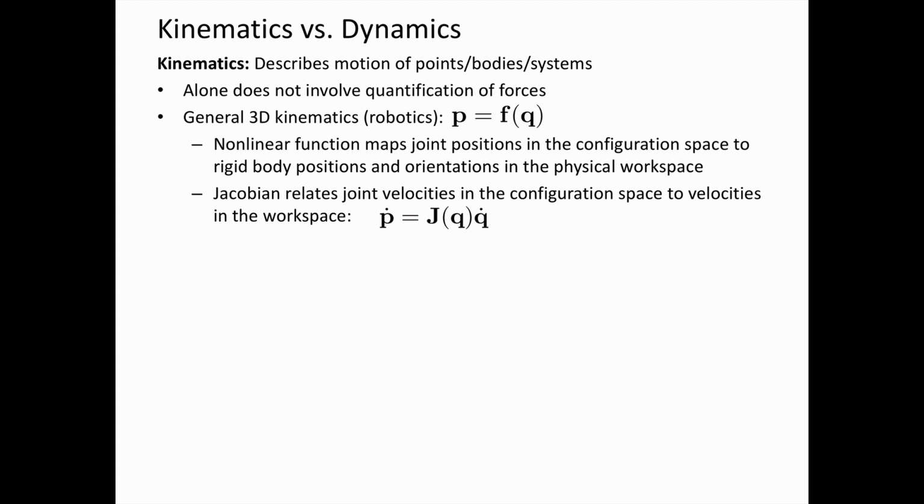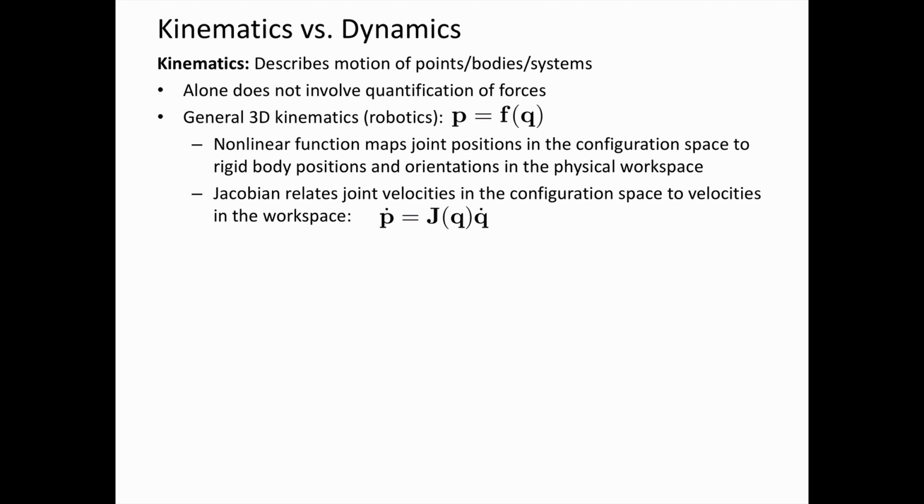Now, another thing that we would be interested in is mapping velocities in the configuration space. So for example, the angular rotational speed of joints for the previous robot, and mapping that to velocities in the workspace. And the way we do that is using what we call the Jacobian.